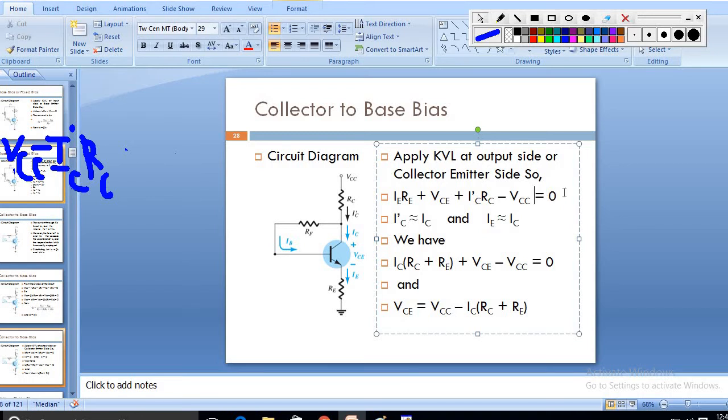I will write once again here only. VCC minus VCC is the supplied voltage, and the positive and negative polarity, so for that reason I am writing minus IC dash, minus IC dash.